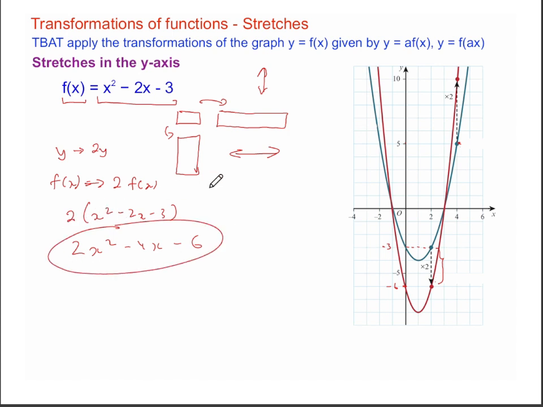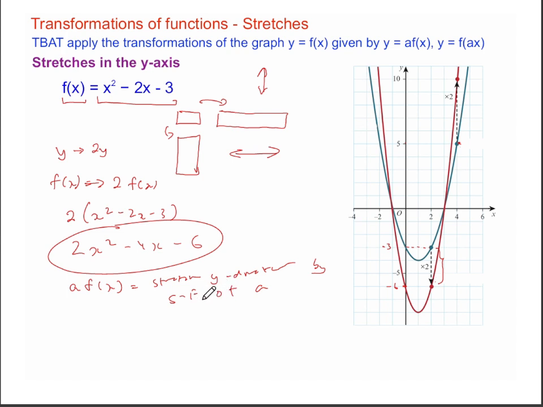And that's what happens when you stretch it in the y direction. And the way you show it generally is a f of x. This will be a stretch in the y direction by scale factor of a. And that's how it works.